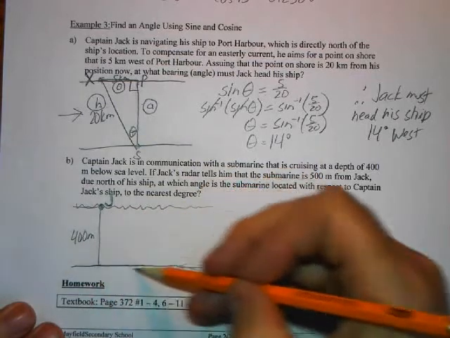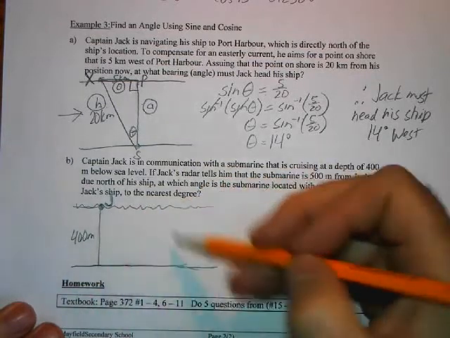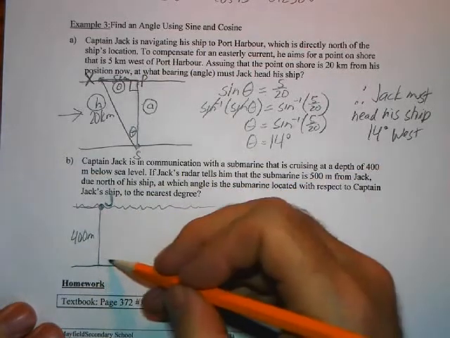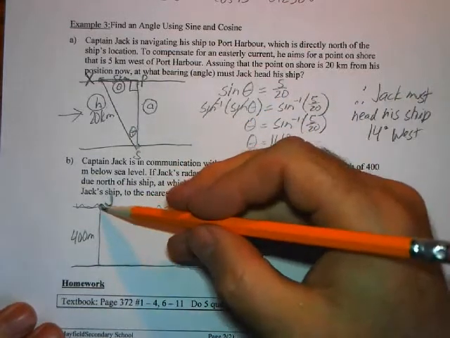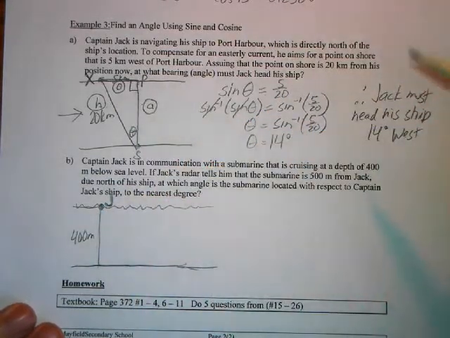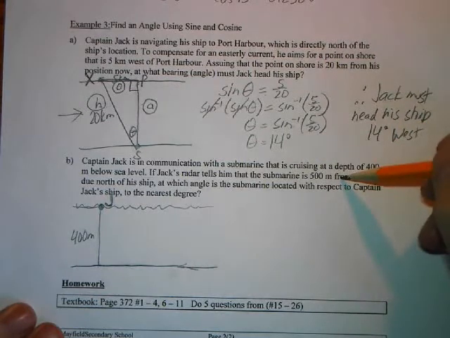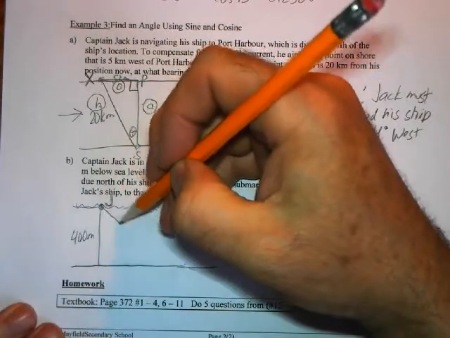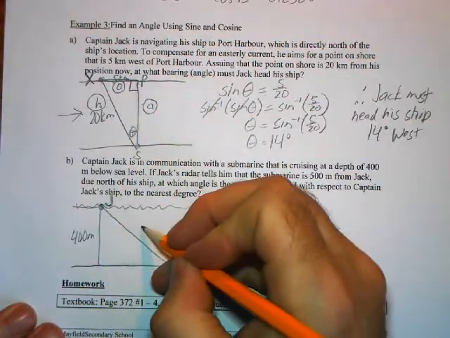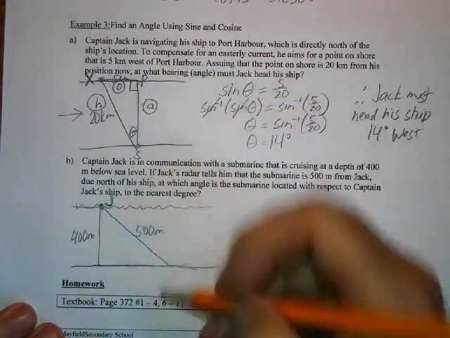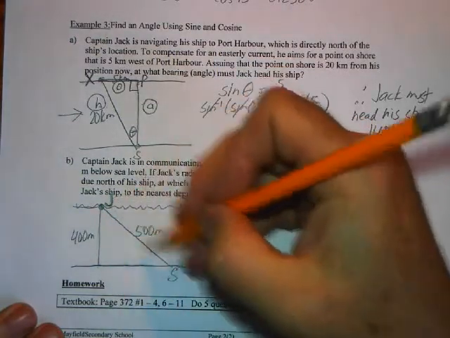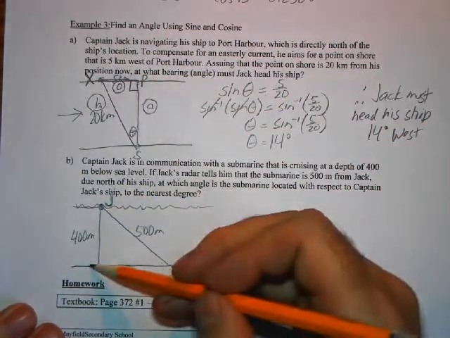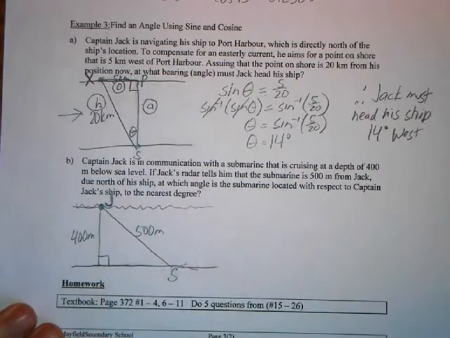We know the submarine is somewhere along here because it's 400 meters below the water surface. But it also says the actual distance from Jack is 500. So the submarine is 500 meters away, but it's 400 below. If I drew a straight line from Jack to the submarine, it would be 500 meters. So again, we've drawn a right triangle.